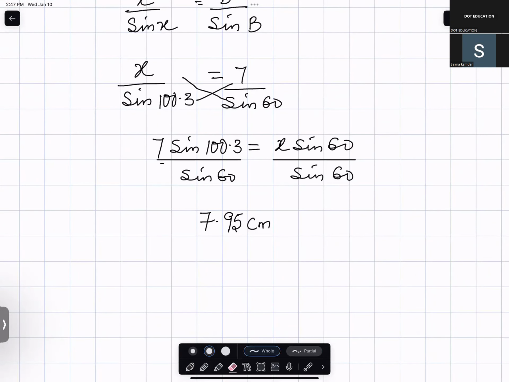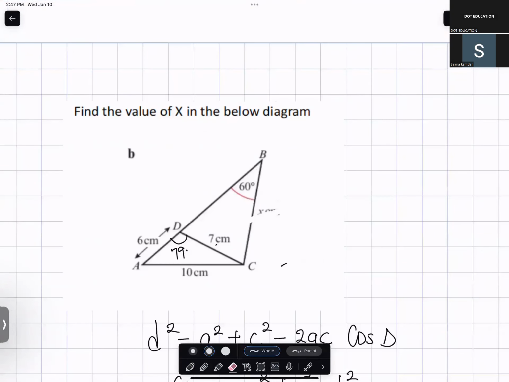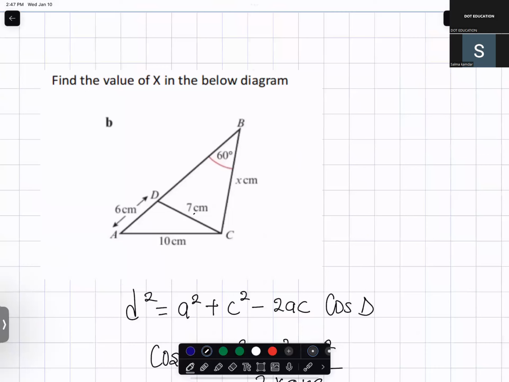We can have another alternative method in solving this triangle. It also might be an easier way for you. I could use this angle here and solve it after you've gotten the angle at this.